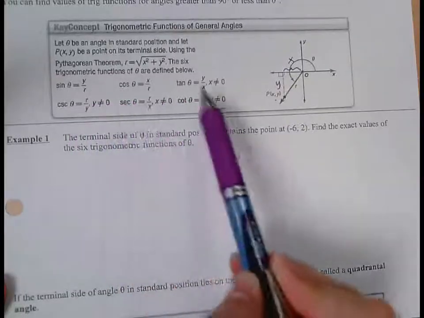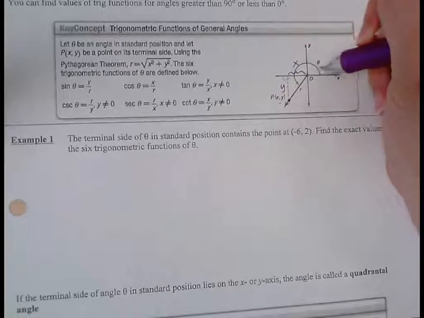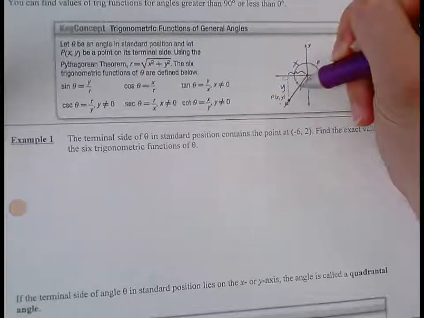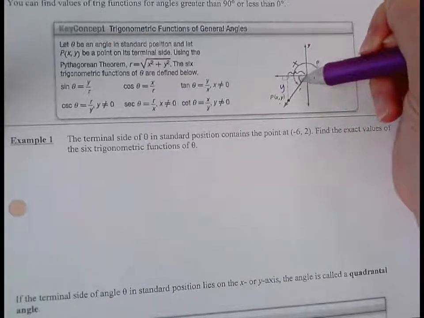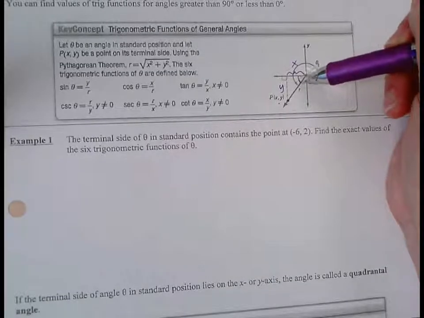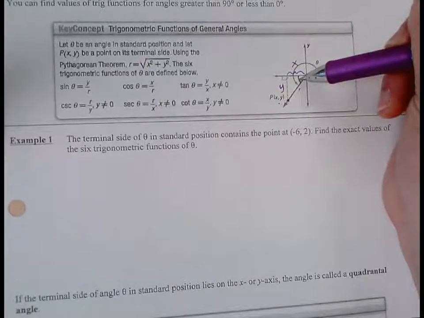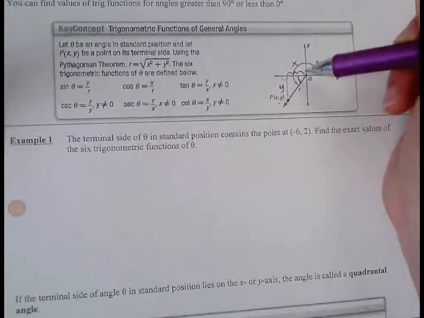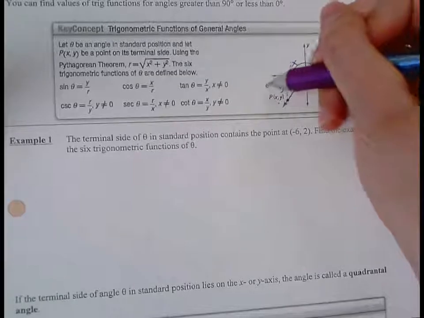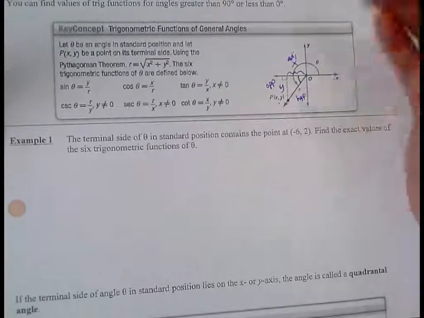So these are not anything different than what we covered in 12.1. If you think of this as being here, we're going to learn eventually what this is called. This would be a reference angle to the entire angle theta. But you can see that y is your opposite side, x is your adjacent side, and r would be your hypotenuse.